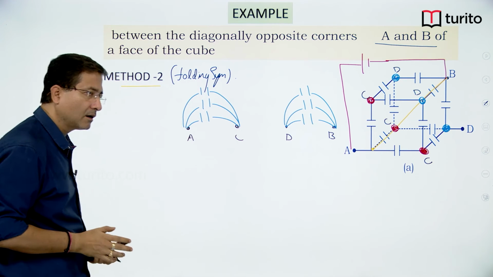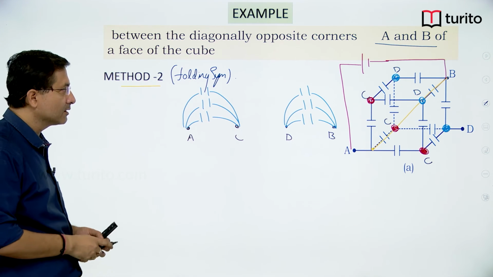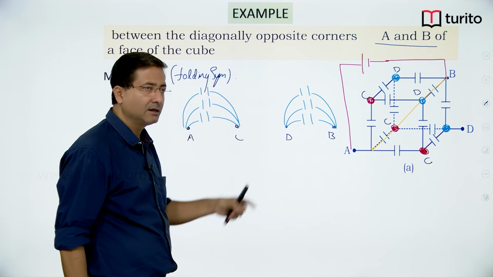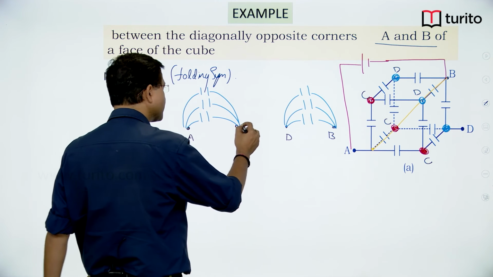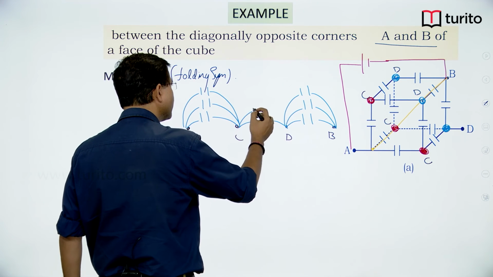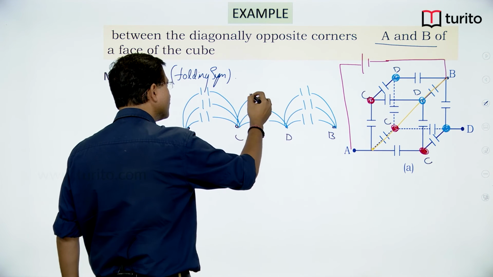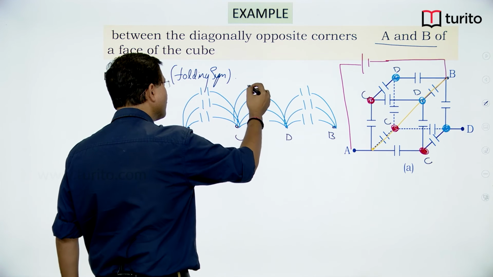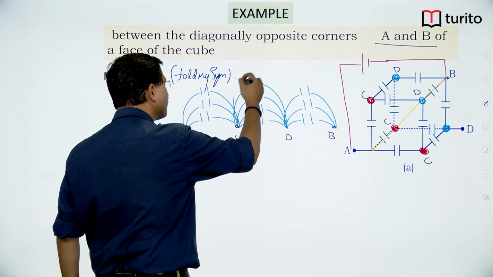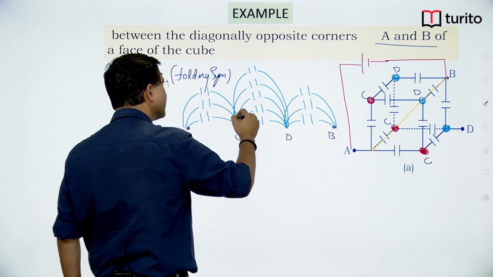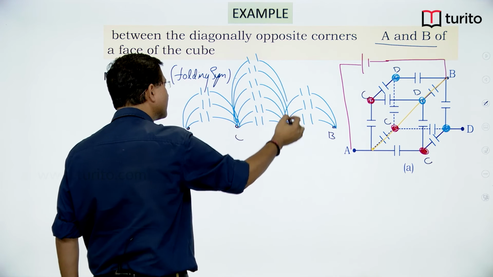So, out of 12, the remaining 6 will be connected across CD. So, there will be 6 capacitors here, 1, 2, 3, 4, 5 and then the last one, 6th one, right.